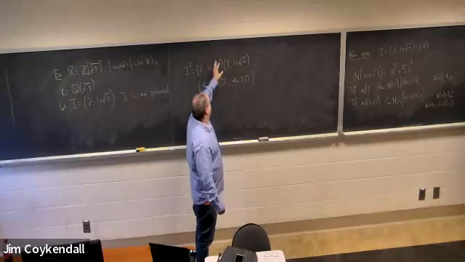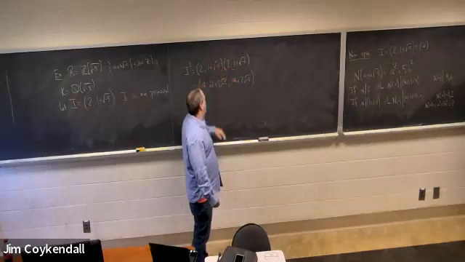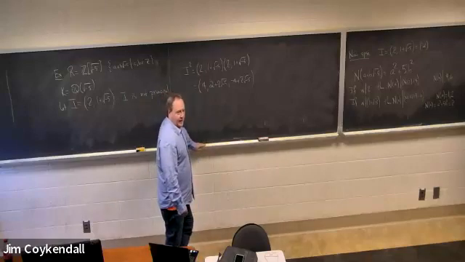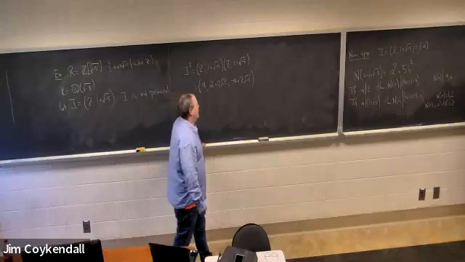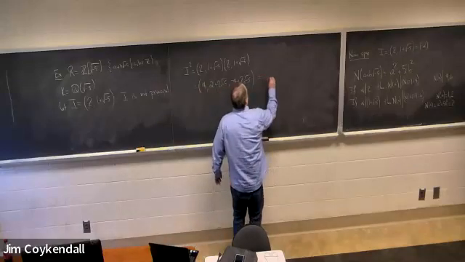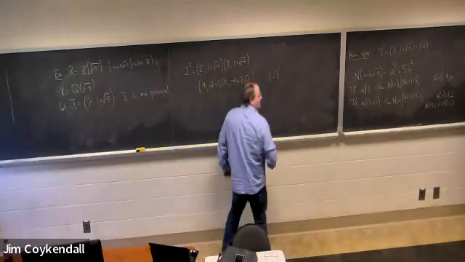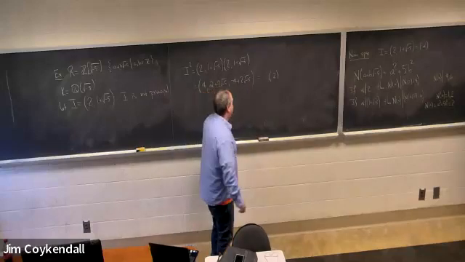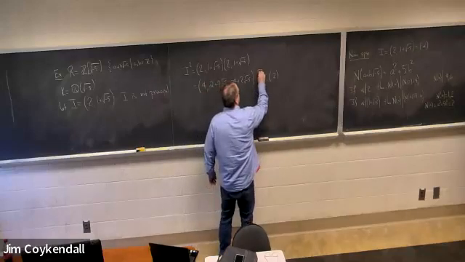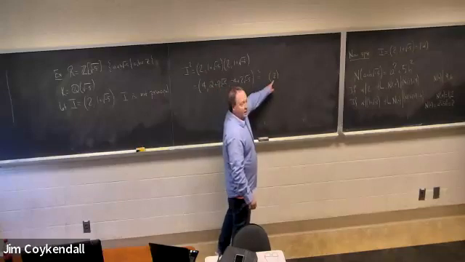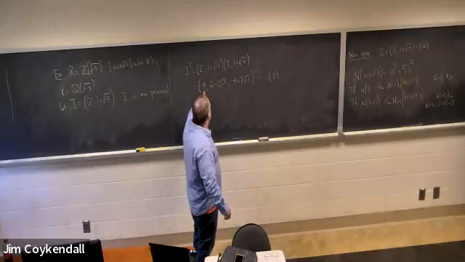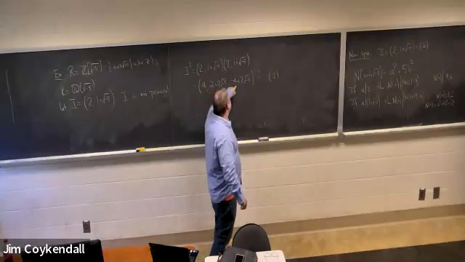And since they're the same generators, I don't require the extra cost. But I claim that this is the ideal generated by 2. Now, one containment should be fairly obvious, and that's this one. 2 certainly divides every one of these. Right, the quotients are 2, 1 plus radical negative 5, and minus 2.